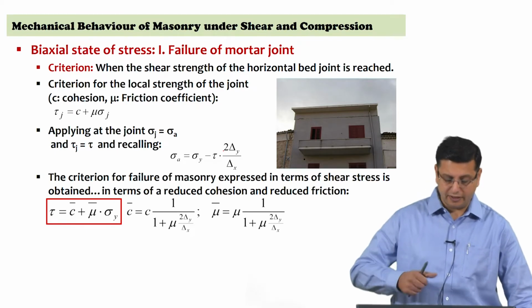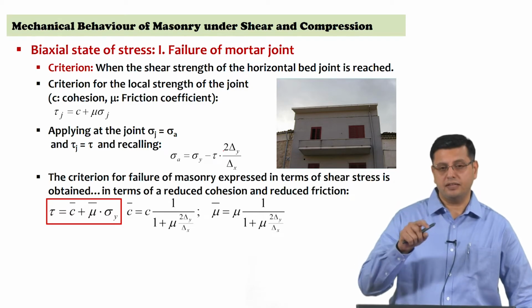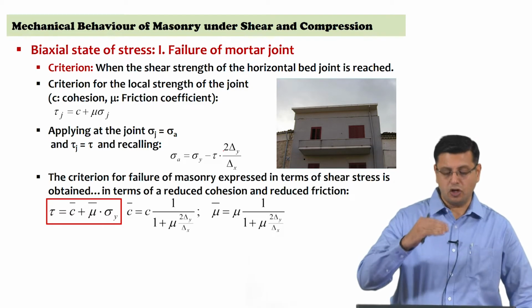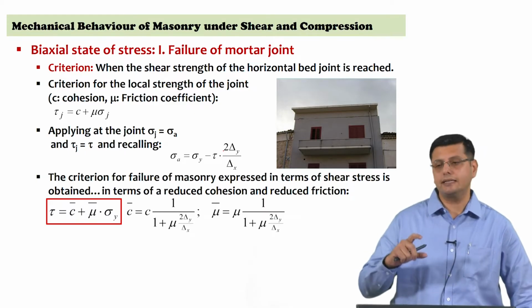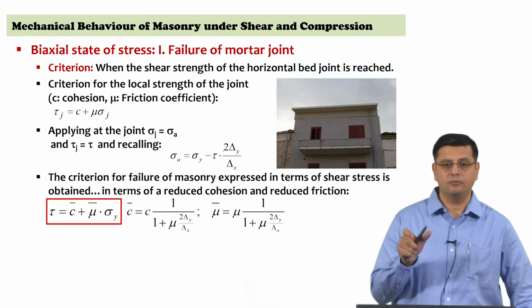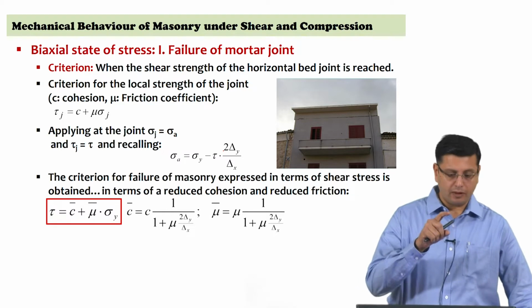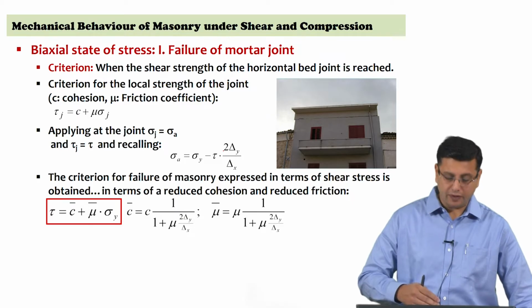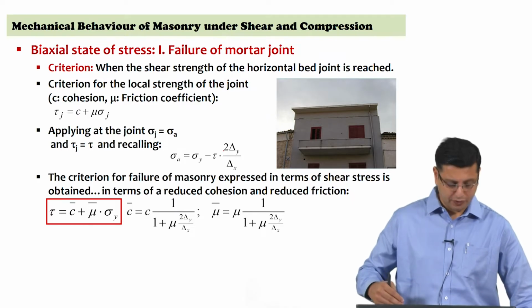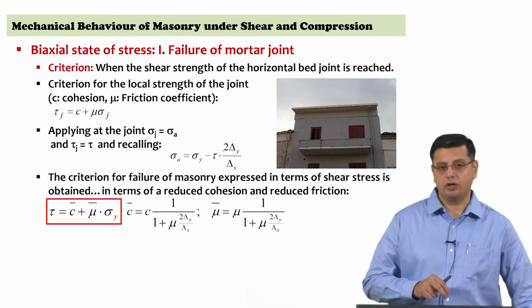The reduction occurs because now you have the definition of the geometry of the joint with respect to the unit, where delta y and delta x are the unit dimensions, delta y along the y axis and delta x the length of the unit itself. So, we represent it in terms of a reduced cohesion and a reduced friction coefficient as being the criterion for failure of the horizontal bed joint.